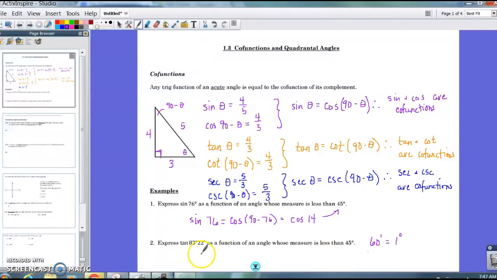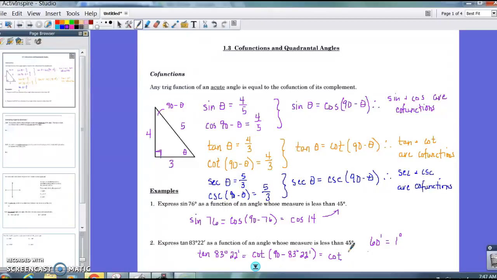And so we would say the tangent of 83 degrees, 22 minutes has to equal the cotangent, because they're cofunctions, of 90 minus 83 degrees, 22 minutes. You might say, I don't even know how to go about doing that. Well, think of it this way.